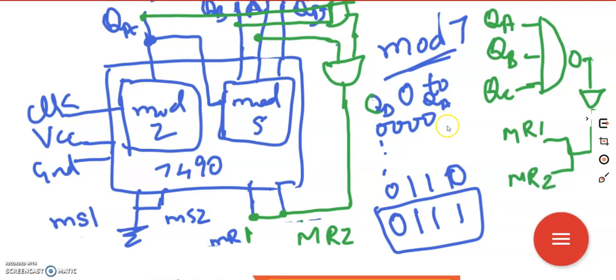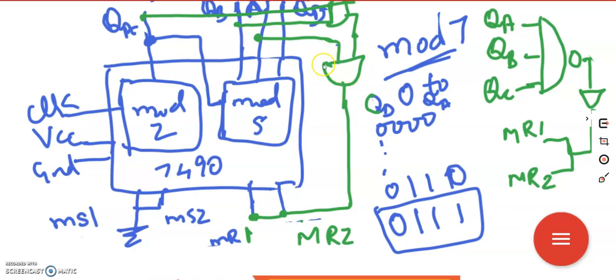The reason why I told this alternative is just because every gate has a delay. So there will be a minute delay across this, and suppose the count is not resetting properly, only in that situation can you go with this. Otherwise it can work easily with the first approach, and also we know the delay we are getting is a few nanoseconds.